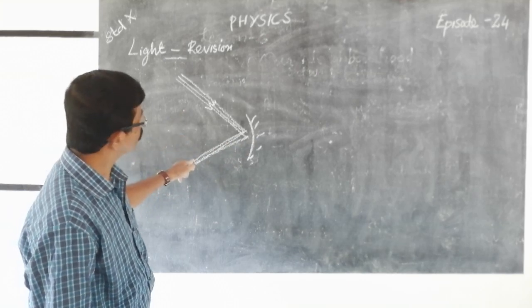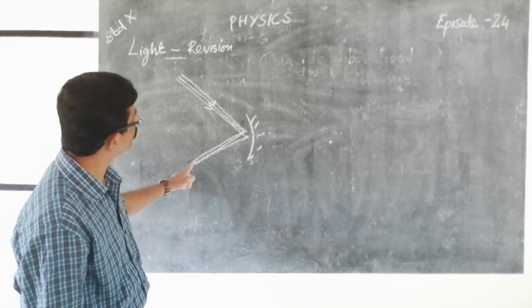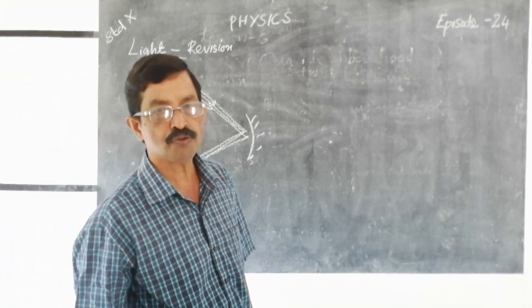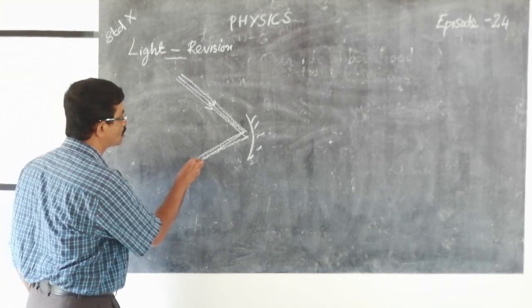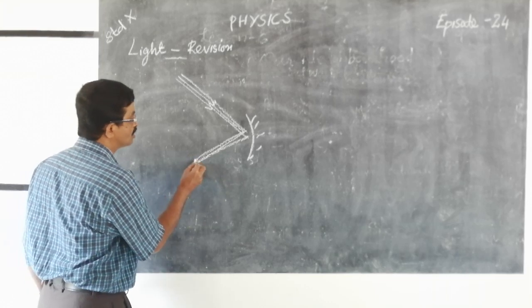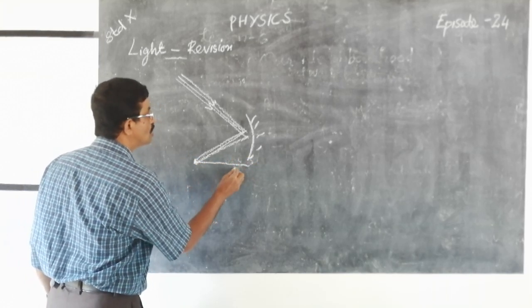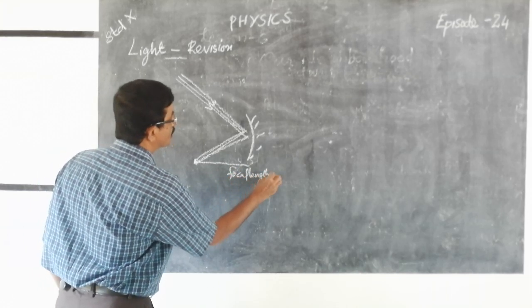And the distance from this focus to this concave mirror gives the focal length. That means here suppose we got a bright spot, that means the image of the sun, then the distance from here to this mirror gives the focal length.